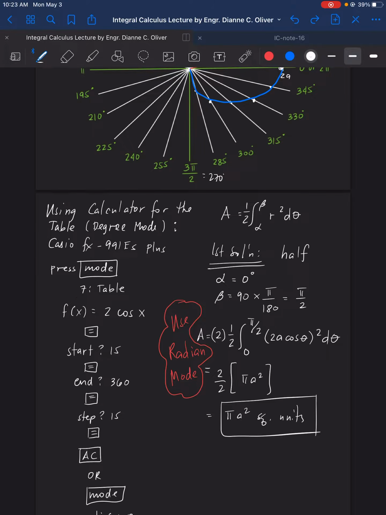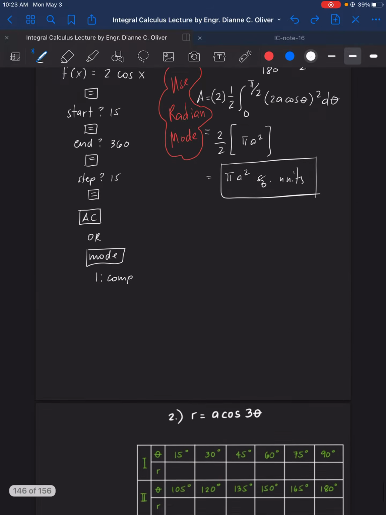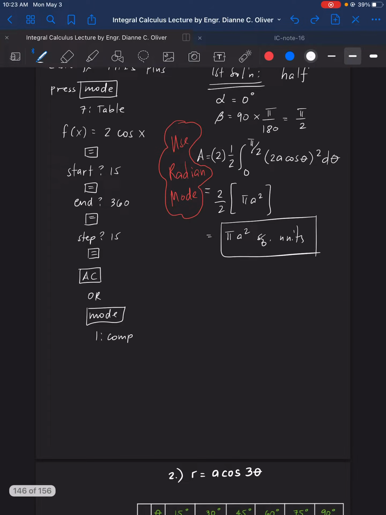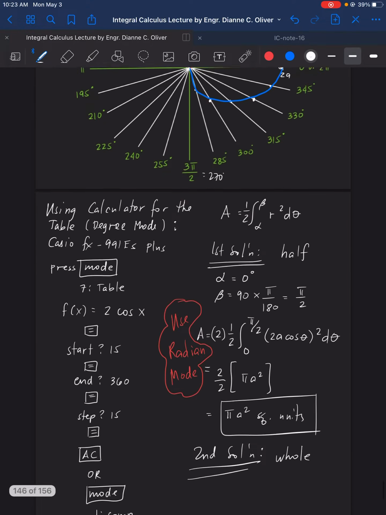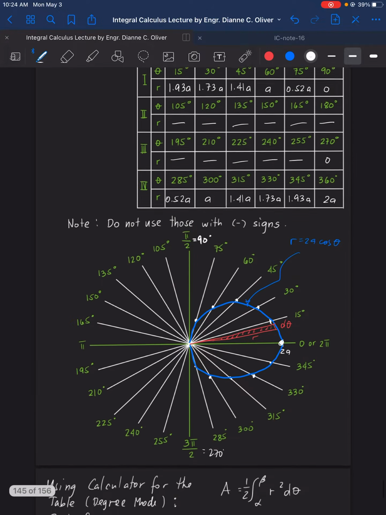First solution. Now for the second solution, considering it as a whole. We will consider the whole drawing here, the whole figure.